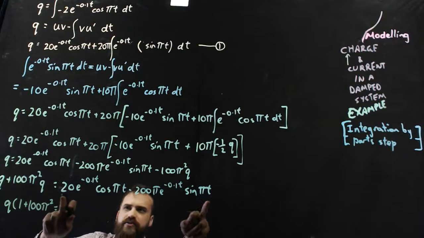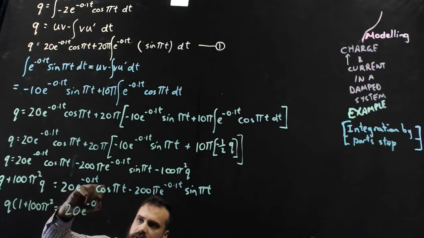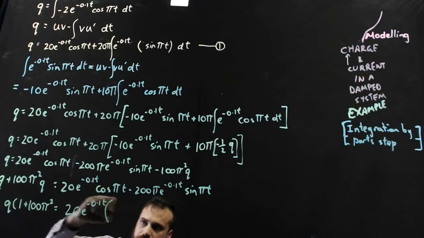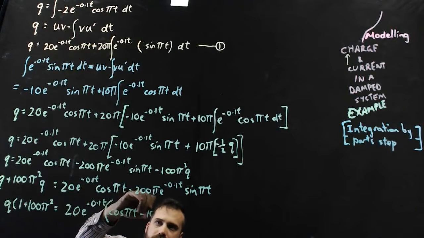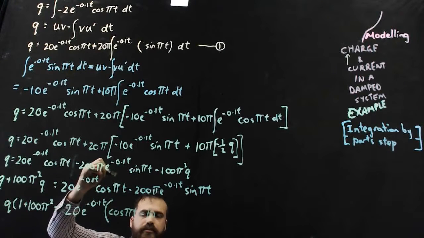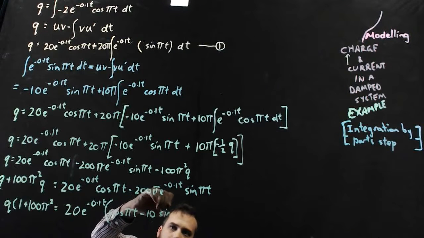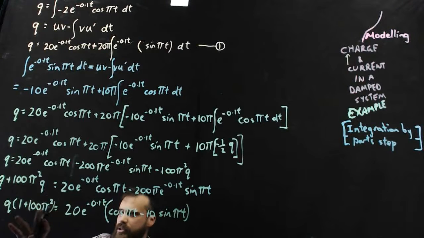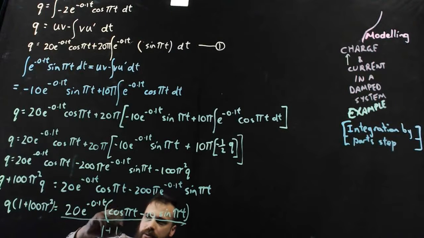Now while I'm at it, I might just factorize this, because we've got a common factor of 20 e to the negative 0.1 t. That gives me cos pi t minus 10 sine pi t. And this little bit of factorizing here, I can now move that underneath this, and I'll get 1 plus 100 pi squared.